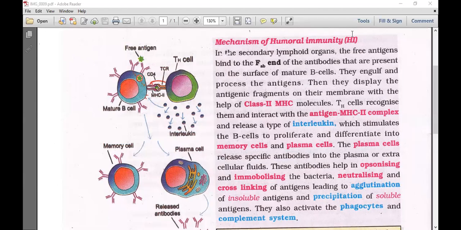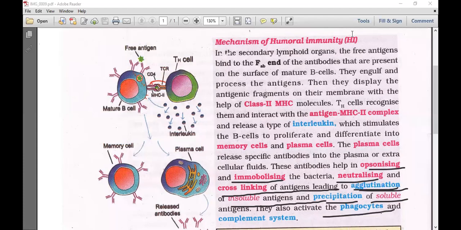Immobilizing the bacteria, neutralizing, opsonizing, and cross-linking of antigens lead sometimes to agglutination of insoluble antigens or precipitation of soluble ones. That means if the complex is dissolved, we see it in the form of precipitation. If not dissolved, it can be seen in the form of agglutination. They also activate the phagocytes and the complement system.